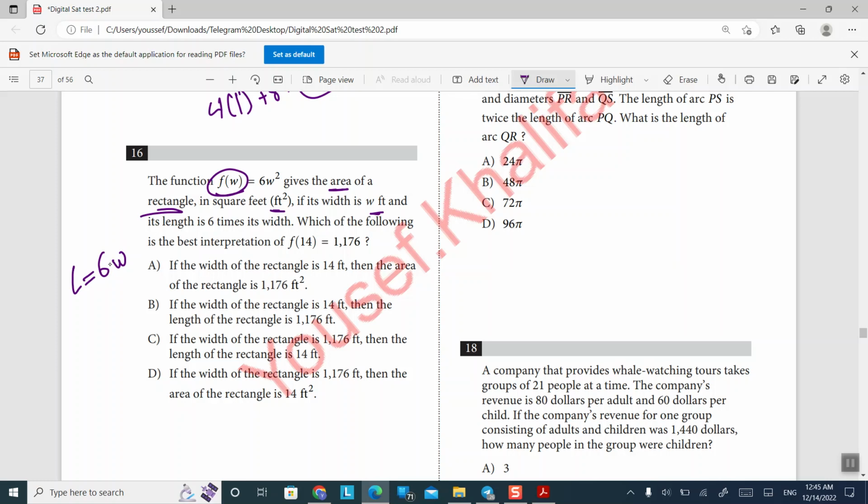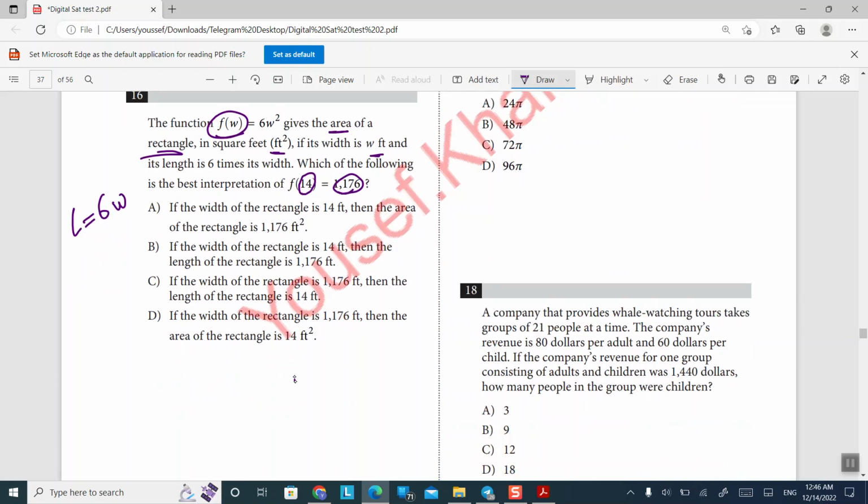So all you have to do is to know what that 14 relates to and what 1176 also relates to. So here it's obvious that w is equal to 14 and the area is equal to 1176. So when the width is 14, the area will be 1176.